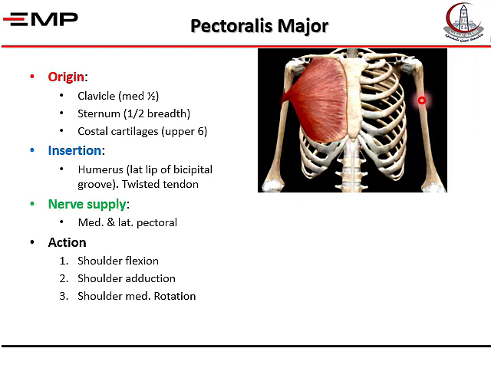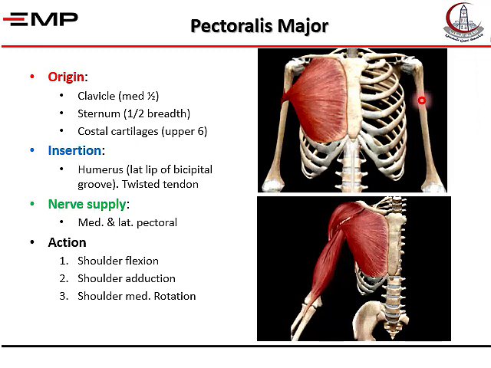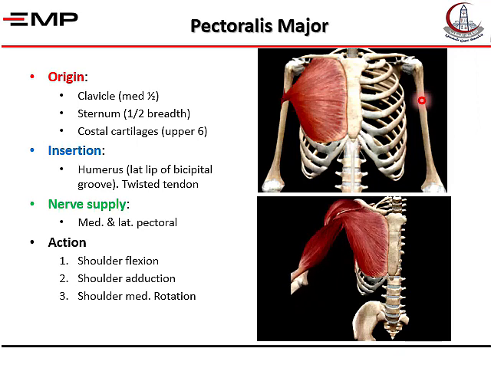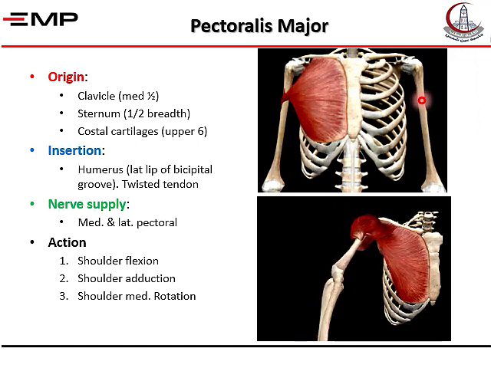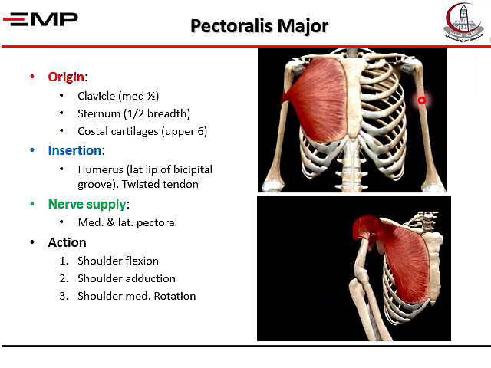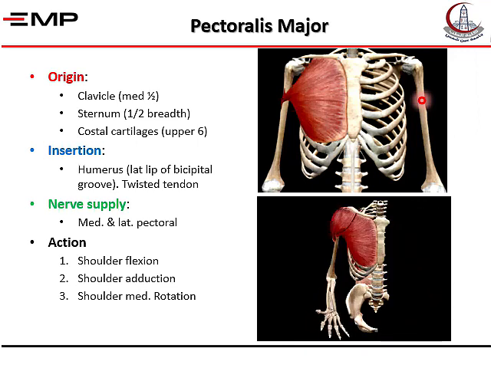The nerve supply is through medial and lateral pectoral nerves, and its action is: number 1, flexion of the shoulder; number 2, abduction of the shoulder; the third action is medial rotation.